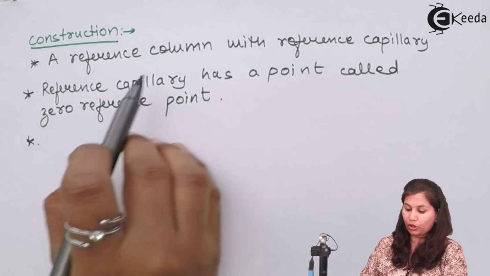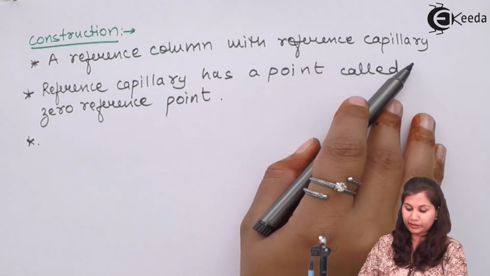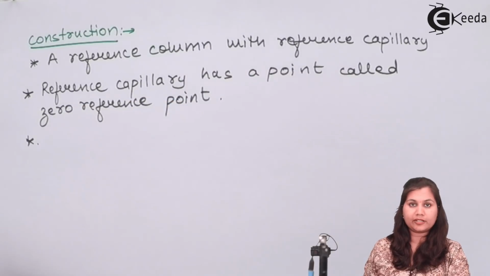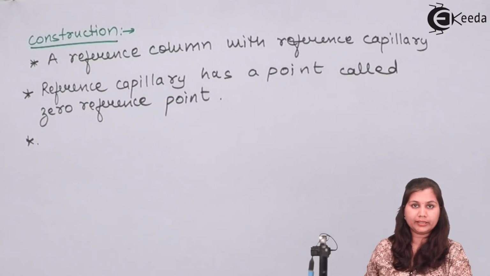Now this reference column, which has the reference capillary, is connected to a bulb and the measuring capillary.